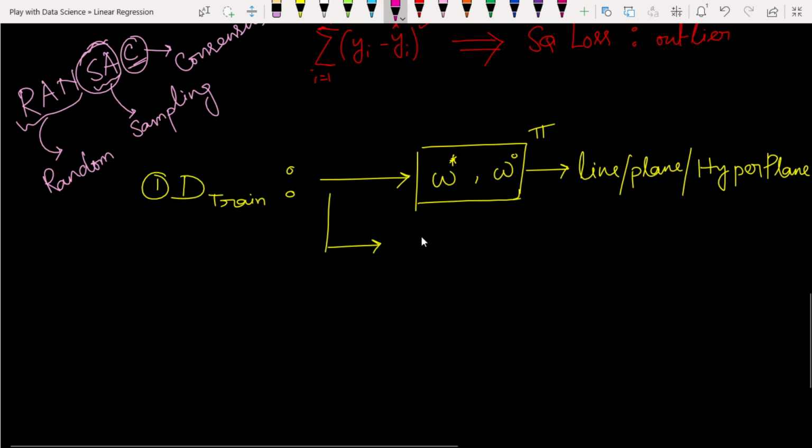After finding this plane, we find the points that are very far away from our actual plane, our predicted plane. This pi is our predicted plane.